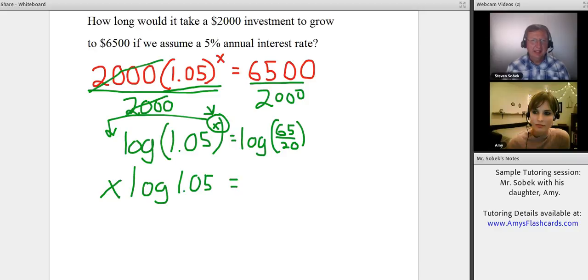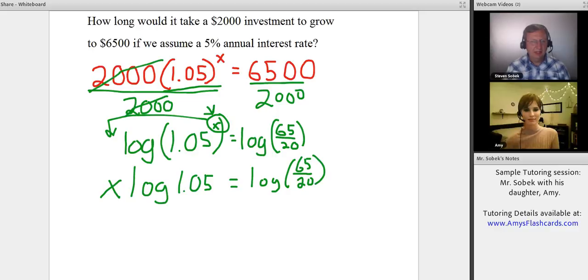Okay, and we still got this over here on the other side. The log of 65/20ths. Which is, if you want to write 3.25, I mean, it's up to you. It doesn't matter.